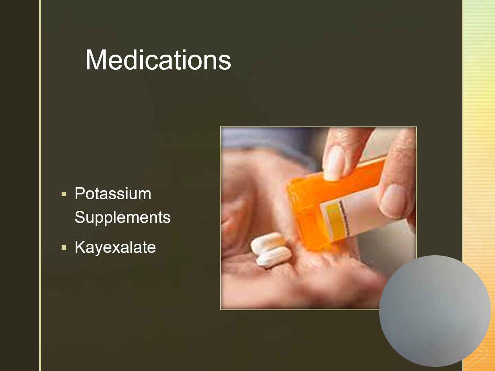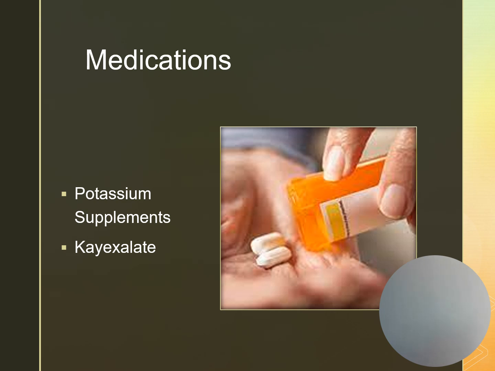So Kayexalate is also known as sodium polystyrene. This is what we administer in the event of hyperkalemia. It's going to work differently. So ordinarily we excrete potassium in the urine. So if our kidneys are not working, we're not excreting potassium, it's building up.